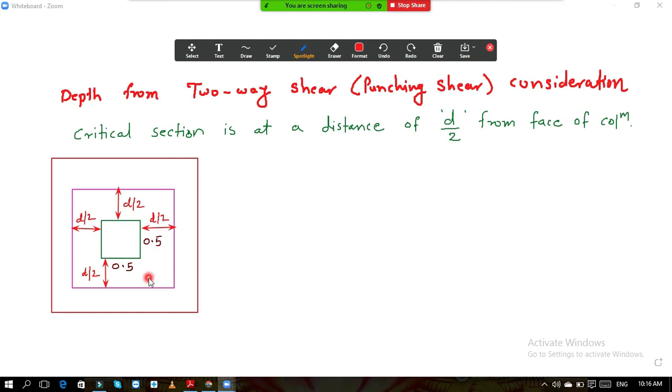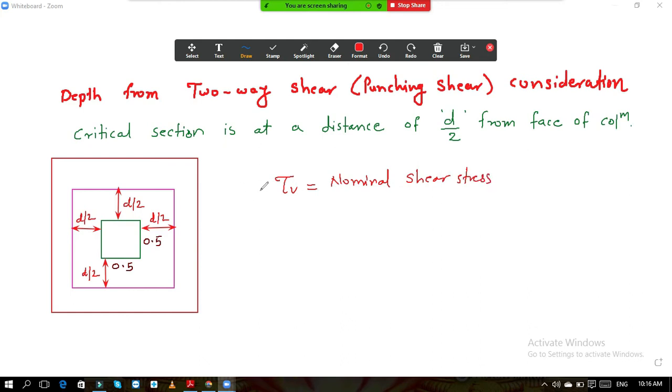Now the next thing is, we will calculate the permissible shear stress first, then we calculate the nominal shear stress. You know two things. I will write here tau v. Tau v is the nominal shear stress.